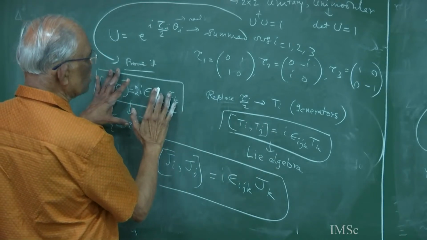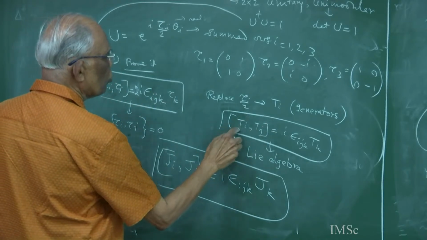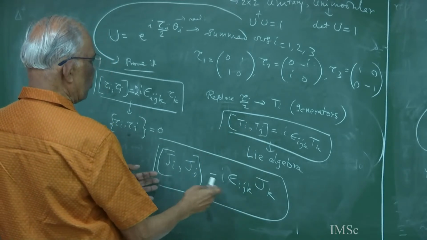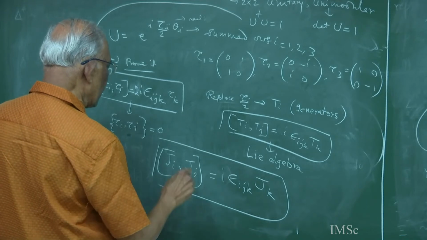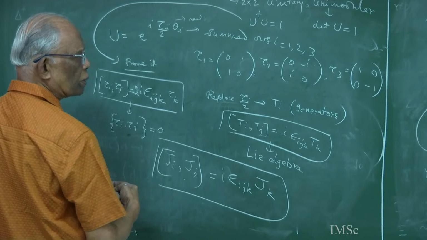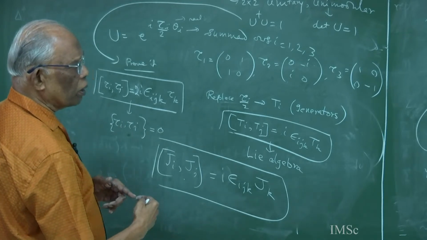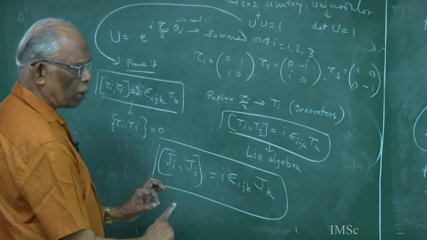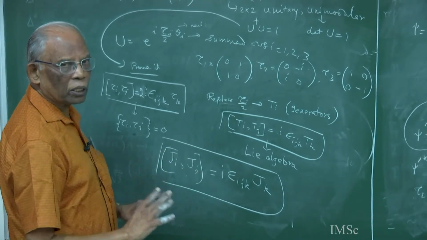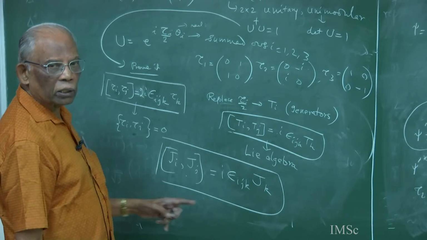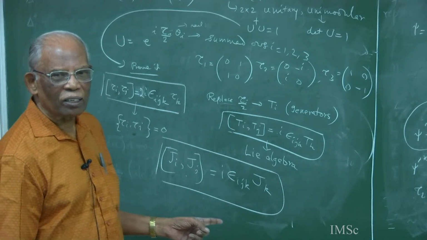So only for Pauli matrices they are valid, not for spin 1 matrices or spin 3/2 matrices. From this we can prove that when you multiply two representations, they separate into two irreducible representations, one 1-dimensional and another 3-dimensional. There is nothing else possible. That is what we prove in angular momentum theory.